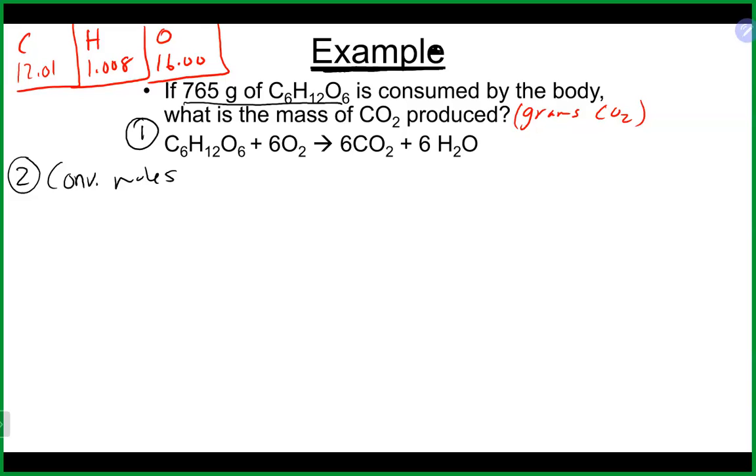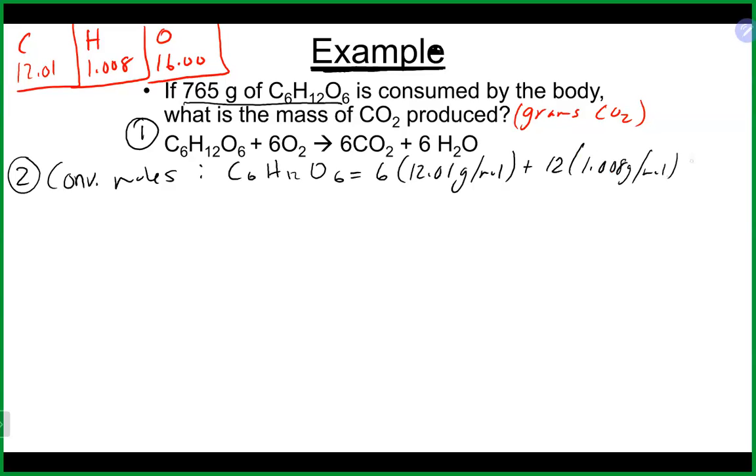So we do need to use the molar mass from the periodic table here for C6H12O6. So adding up all the parts here, there's 6 carbons, each at 12.01 from the periodic table, plus 12 hydrogens, each at 1.008 grams per mole from the periodic table.